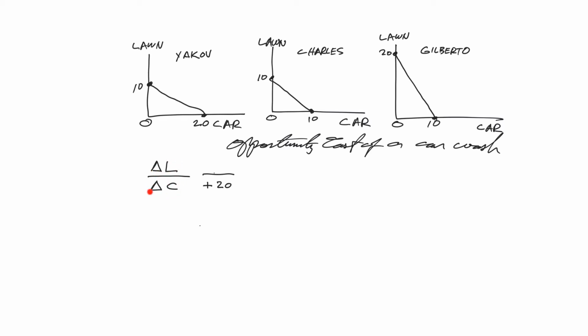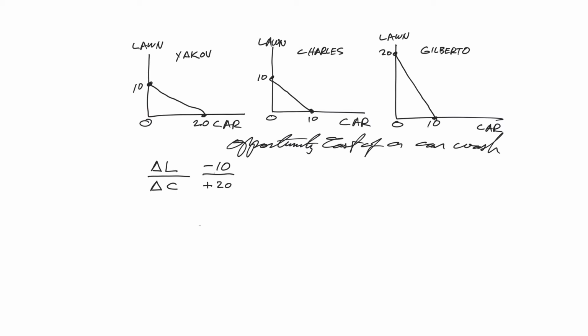So the car washes increase by 20, and therefore the lawns go down by 10. Right? Just what we just said. He increases car washes by 20, but he has to give up 10 lawns.